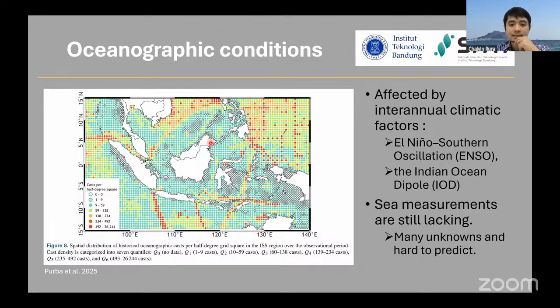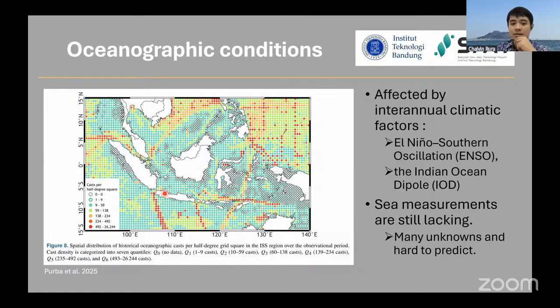We can see in some countries, for example near the peninsula of Malaysia and off the coast of Vietnam, there are many red dots indicating that those areas are studied very well and measured. There's a lot of data in those areas. But sadly, for Indonesia, there are some locations with a lot of data, but most of it is still in the green, as in there is still less data.